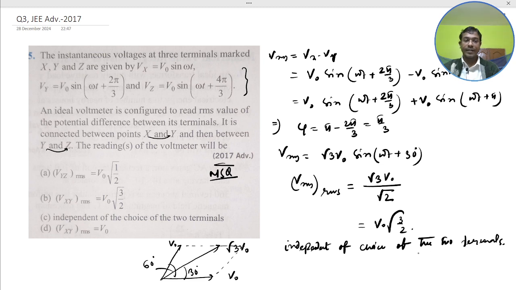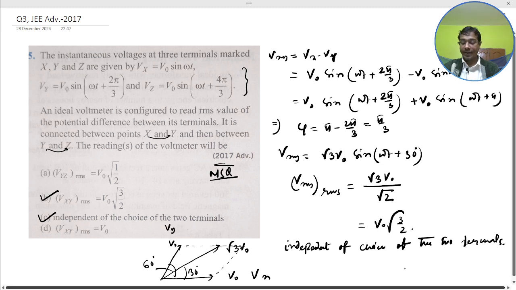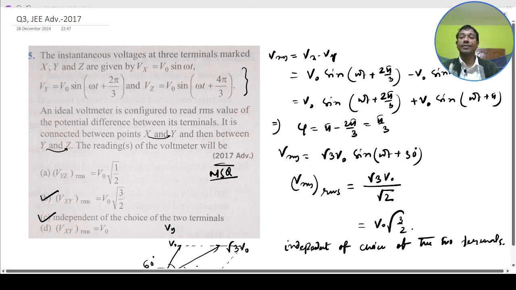So I think B would be a correct answer. We just get Vxy RMS equal to V naught root 3 by 2, and C would be correct because the independent of choice of two terminal means this terminal Vx and the Vy, this is basically independent to each other. So independent of the choice of the two terminals.